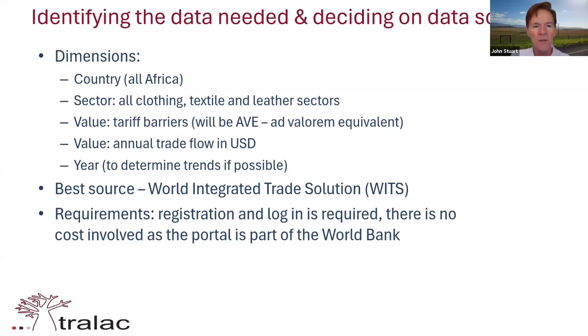Then we want the value of tariff barriers. Now these will be AVE, ad valorem equivalent tariffs, because as you may know, tariffs are measured basically at the transaction level of the trade flow. Trade Map and ComTrade only give you down to the six-digit level of the Harmonized System.